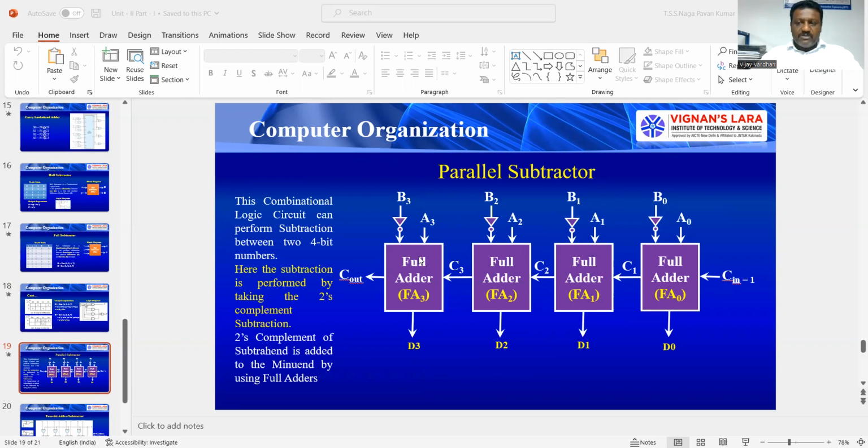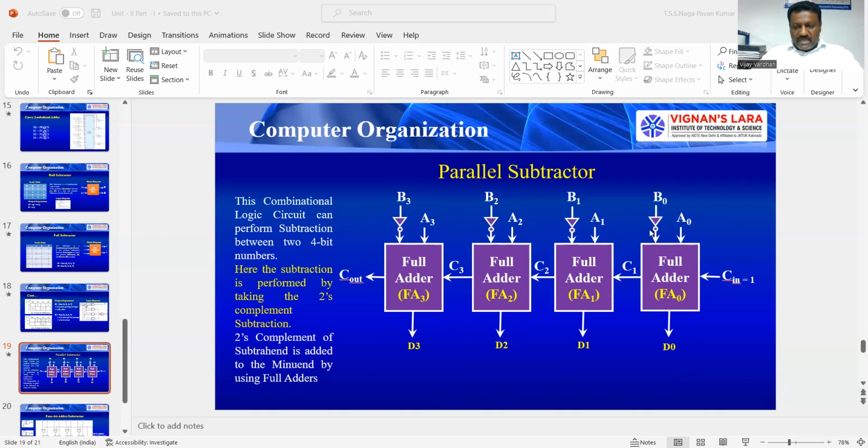So what we do is, we do the subtraction with the help of complementation. This is the subtractor circuit which we are designing using the 2's complement method. In the 2's complement method, if I want to do A minus B, I take the complement of the subtrahend B and add it to A. So here B is applied through a NOT gate, and we get B0 bar, B1 bar, B2 bar, B3 bar.